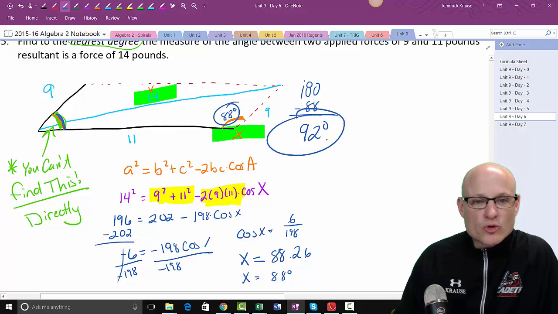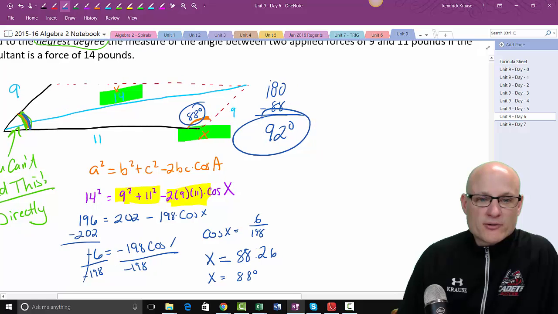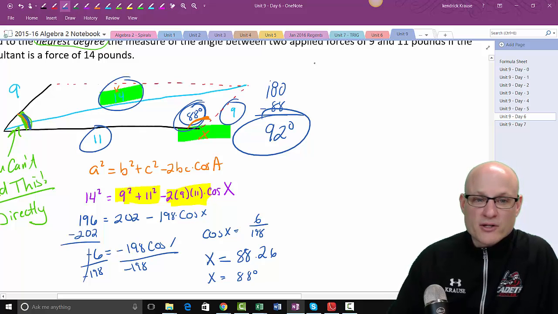I want to triple check my answer. I said this was 88, so now I'm going to use side, angle, side to see if I come up with 14. a squared is equal to 9 squared plus 11 squared minus 2 times 9 times 11 times the cosine of 88.